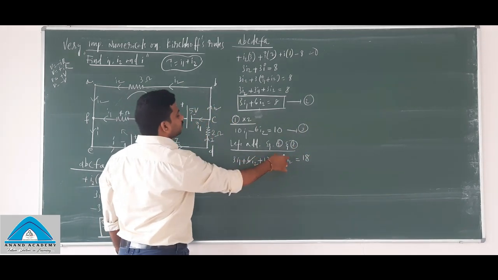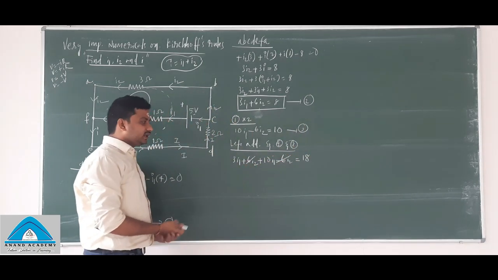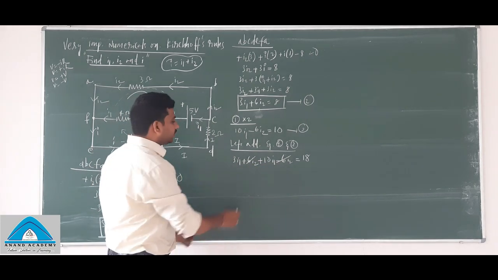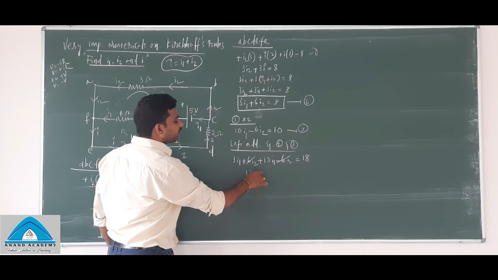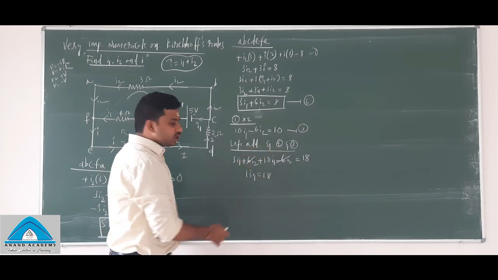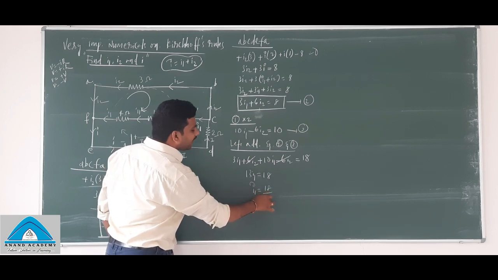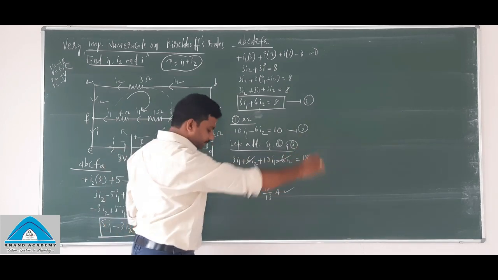So plus 6i2 minus 6i2 cancel here. So 3i1 plus 10i1, which is 13i1, is equal to 18. So from here I can write I1 is equal to 18 by 13 ampere.